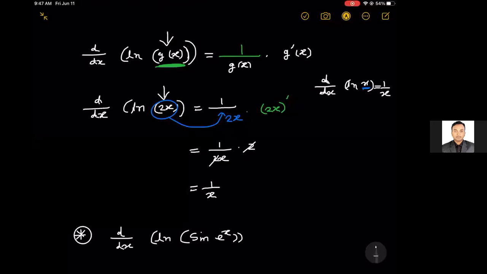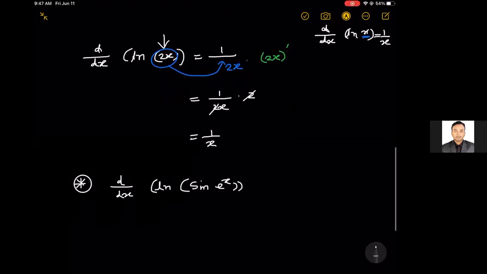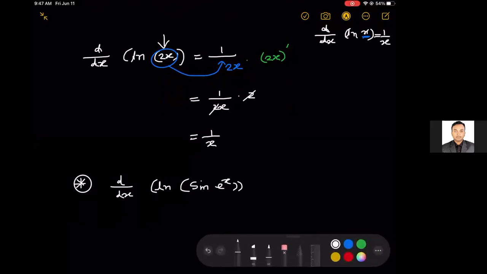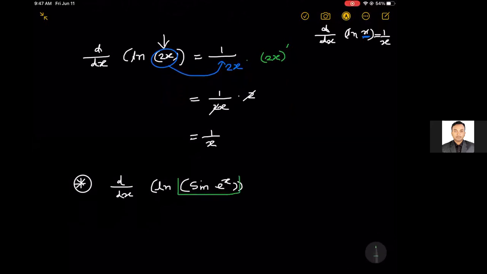So first of all, we want to use the known formula for the derivative of natural log of x, and whatever we have with this logarithm, we just take 1 over that, right?